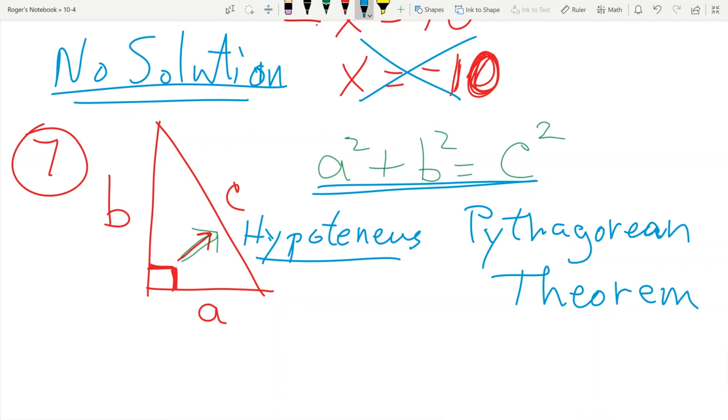A squared plus b squared equals c squared, where c is the hypotenuse and a and b are the other two legs of the triangle.